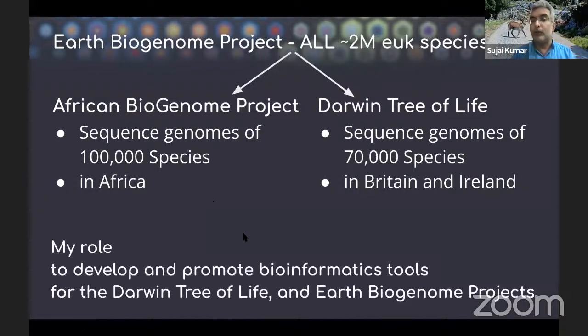And my role is to develop and promote bioinformatics tools, like the one I'm going to be talking about today, for the Darwin Tree of Life, but for everybody, because the projects that we make are all open source, they are applicable to everybody, so they are useful to the African BioGenome Project and to all other Earth BioGenome projects.